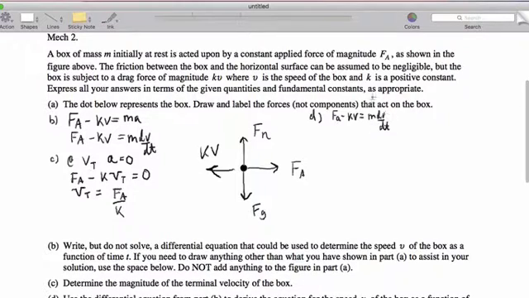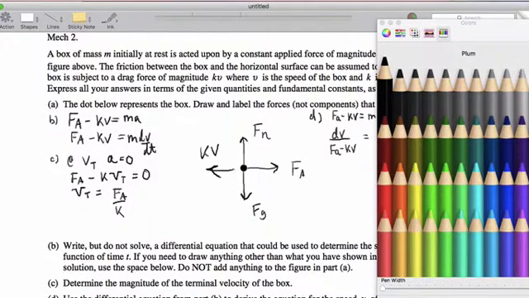I'm going to go ahead and do a little bit of math here to isolate the t stuff on one side and the v stuff on the other. So what we will say is that dv over Fa minus kv equals dt divided by m.